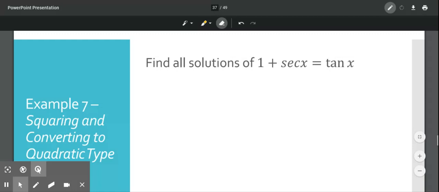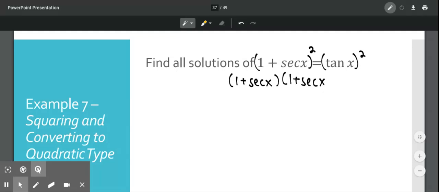So what we're going to do is we're actually going to square both sides. So we're going to square this side, and we're going to square this side. And now remember, when we're squaring that left side, that's really like saying 1 plus secant times 1 plus secant. We can't distribute a square, and that will equal our tangent squared.